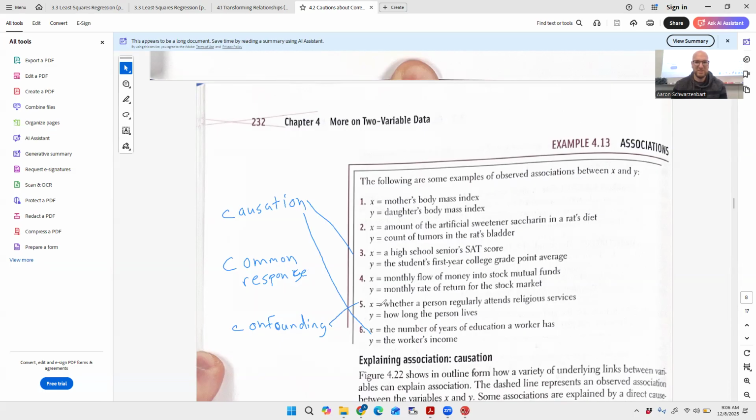These all are strong correlations. Number five, monthly rate of return on stock: common response, I think, because there could be other factors influencing returns in stock.